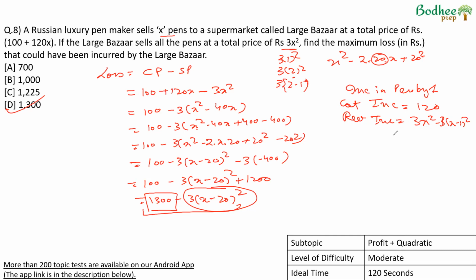And therefore, if we start putting values, when x is equal to 20, 3 into 20 square minus 3 into 19 square, which is 3 into (20 square minus 19 square). A square minus b square is (a plus b) into (a minus b).